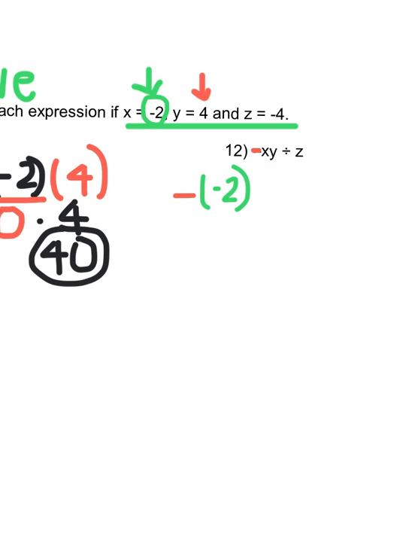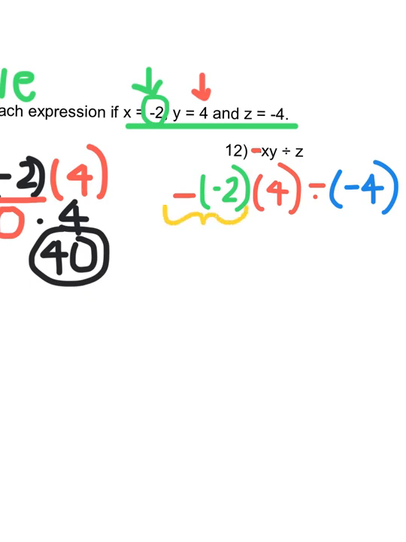The y is 4, so I'll substitute that. Write down divide, and then I'll substitute z. Z is -4. I'll have to use my order of operations, so I'll do division and multiplication from left to right. So I want to first have you evaluate this.